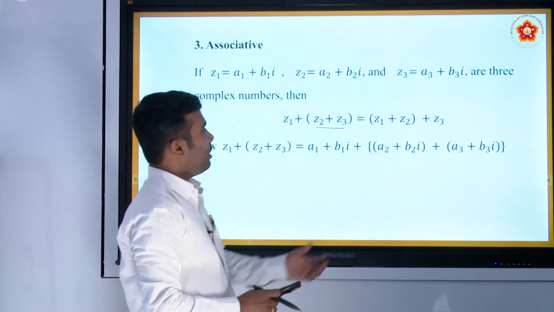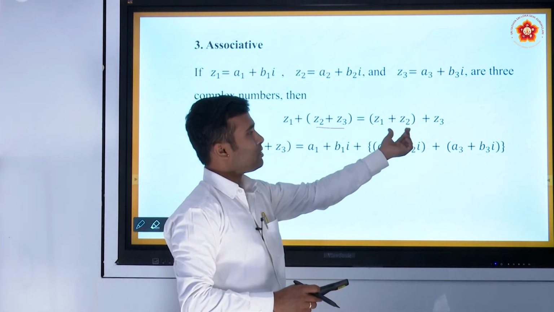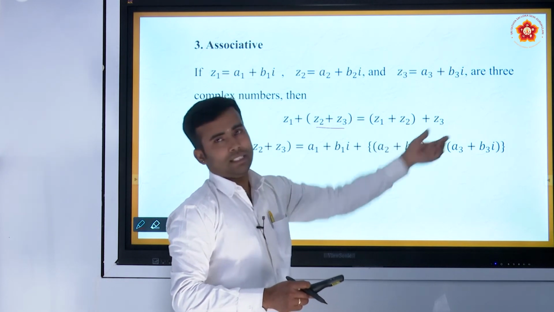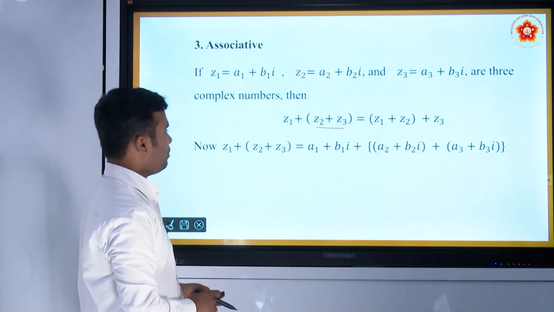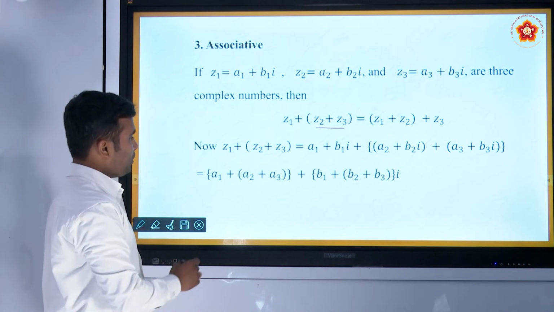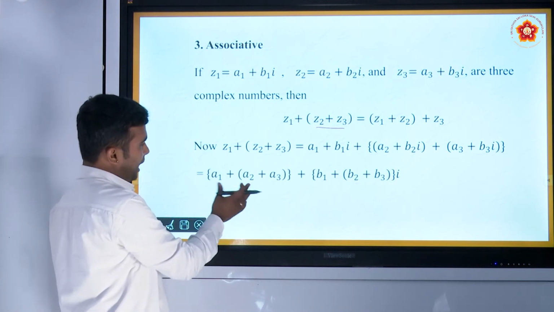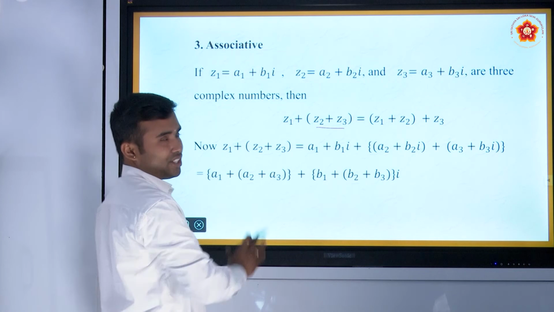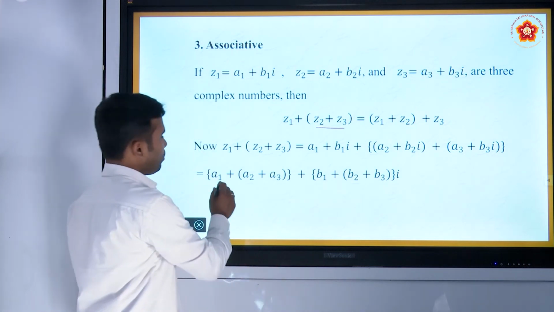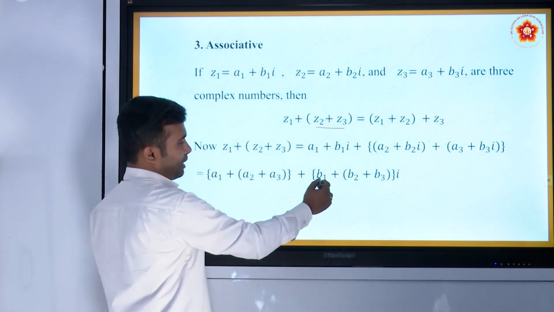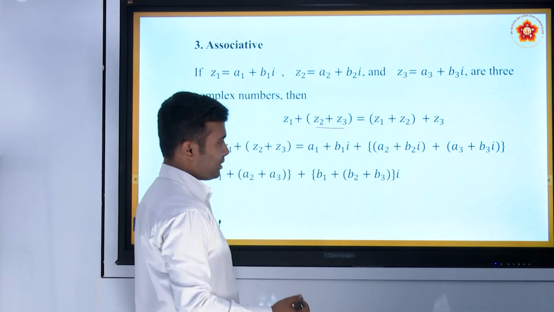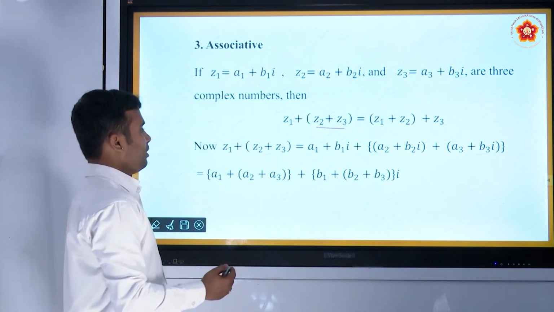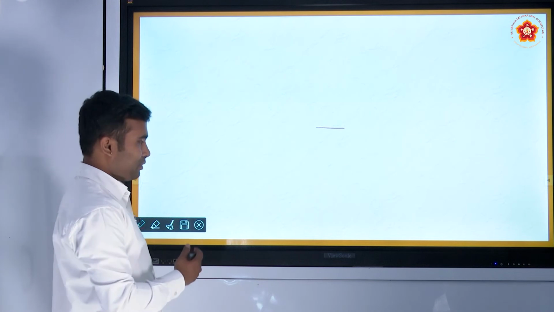Now we have to arrange this in the form of (z1 plus z2) plus z3. This is what we have to do. So now I group the real part and imaginary part separately. a1, a2, a3 are the real parts, and b1, b2, b3 are the imaginary parts. I grouped them. Now we have to rearrange it.